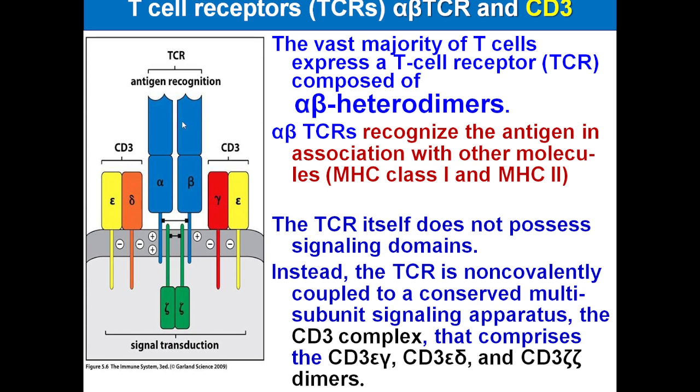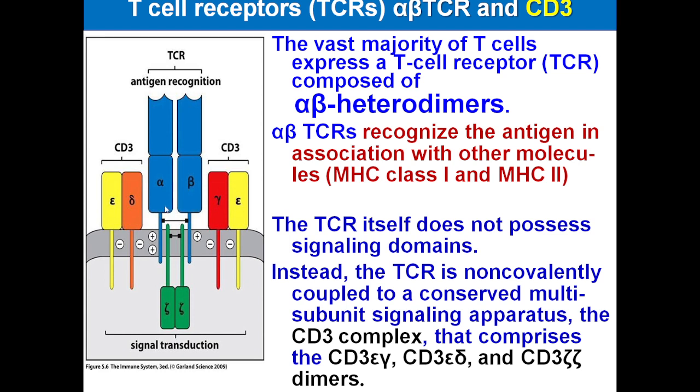The T cell receptor itself doesn't possess a signaling domain. It means it cannot directly transform the activation signal and transport it to the cytoplasmic molecules of the signaling pathways. Due to this, the T cell receptor delivers the signal of activation to the CD3 molecules.